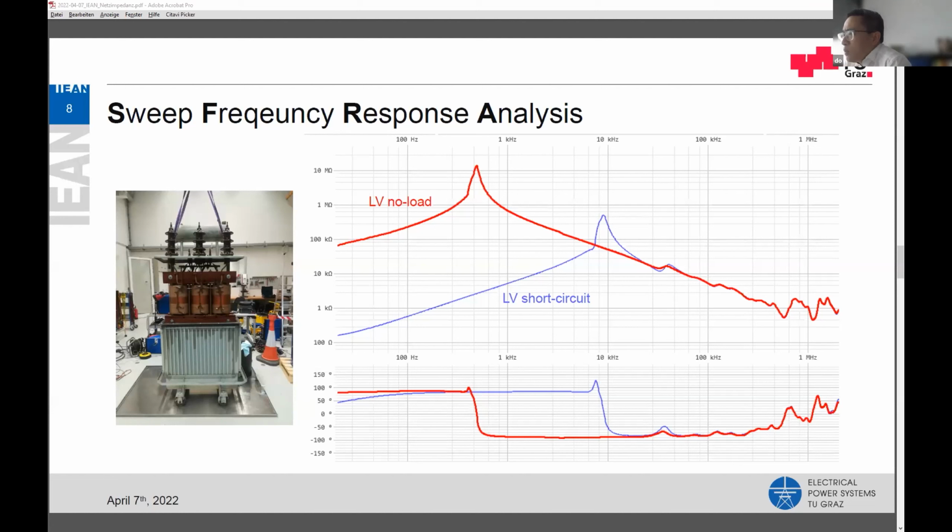But my question is, if you look at the phase, can you explain why the phase is higher than 90 degrees? No, it should not be higher. It looks like it's close to 90, but here it goes up at the resonance, at the point of resonance. Yeah. Or just right before the resonance point.